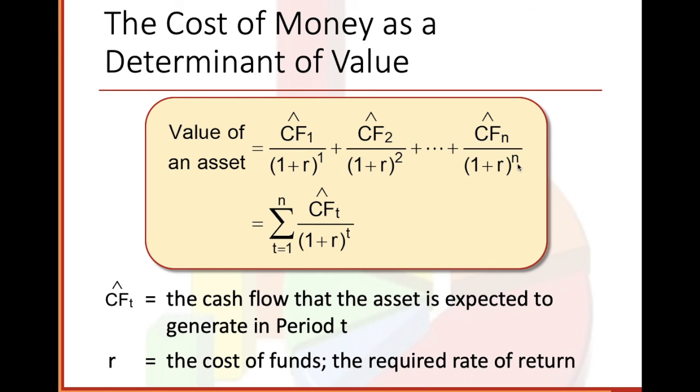If we look at it, here's the sum over the number of terms, from t equals 1: cash flow of t divided by 1 plus r to the t power. That's explained right here as well. C sub t is the cash flow that the asset is expected to generate in period t. The r is the cost of funds, the required rate of return.